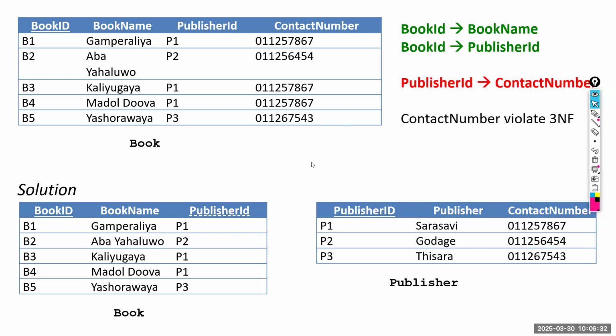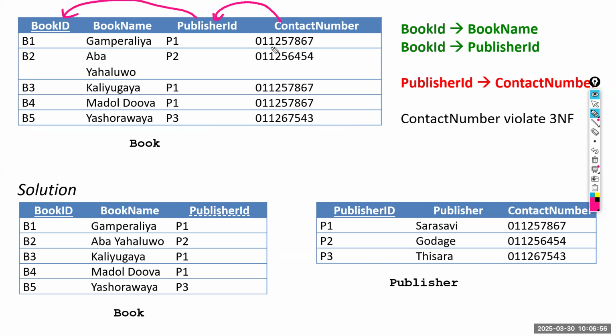Non-transitive dependency means all the non-key attributes depend directly on the primary key, not through another attribute. Earlier, contact number depended on publisher ID, and publisher ID depended on book ID.